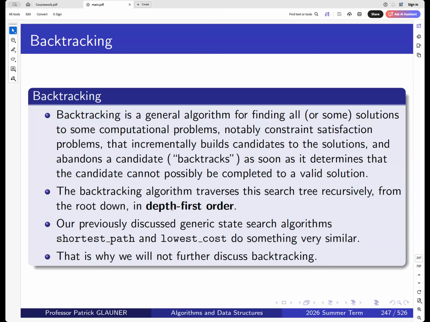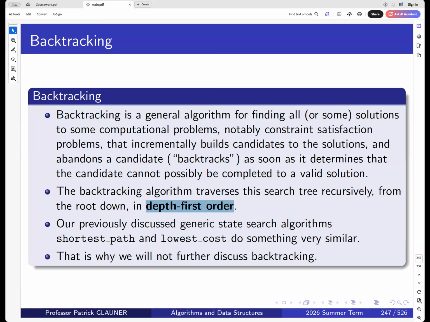Sometimes if you see backtracking as a tree search algorithm, we would say that backtracking traverses a search tree. So we have a search tree to search a problem in a graph, and if we traverse the search tree recursively from the root down, we would explore this tree in a so-called depth first order. The term depth first order is something we will see when we look into trees.